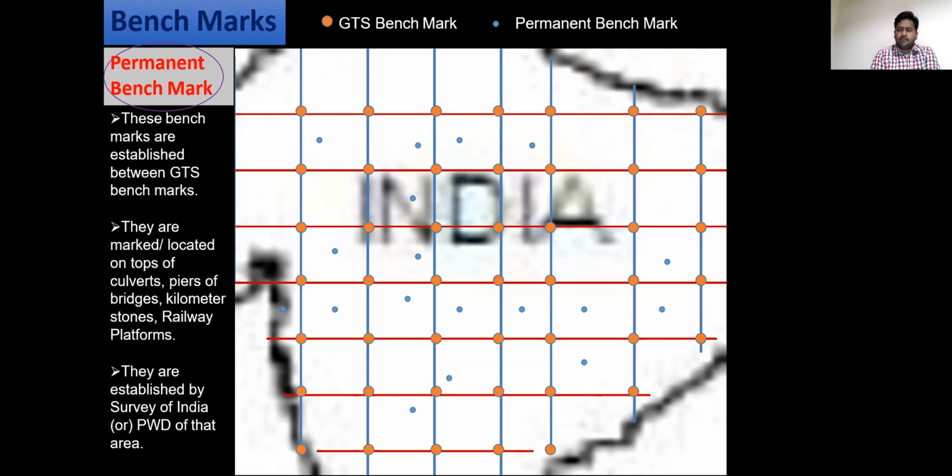Or you can see on dams also, this permanent benchmark will be mentioned, how much higher it is than your mean sea level. In a similar way, on piers and bridges also it will be mentioned.